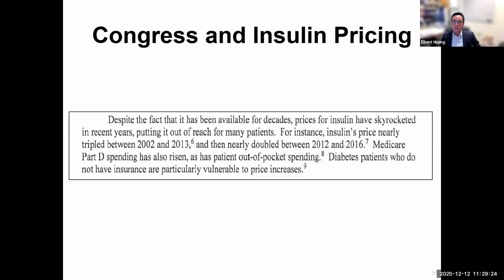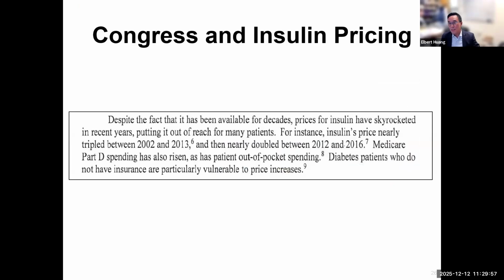And honestly, what really happened was, in addition to researchers like me making these observations, there were patient activist groups that really called attention to this, as there were people with type 1 diabetes that were dying because they were trying to save money by using less insulin. And so this change in insulin pricing was a death sentence for some people with type 1 diabetes.